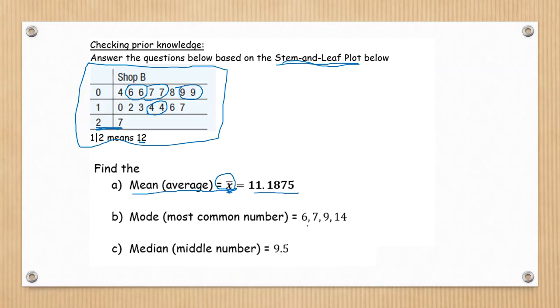So mode's the most common, 6, 7, 9, and 14. And the median was 9.5. Remember, the median is the middle number. So we could go old school and cross off 1 from the start, the end, to get there as well. And would end up in between 9 and 10, so it's 9.5.